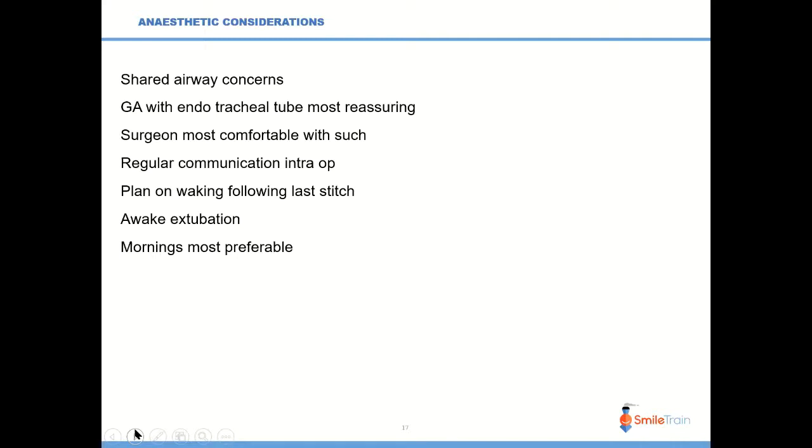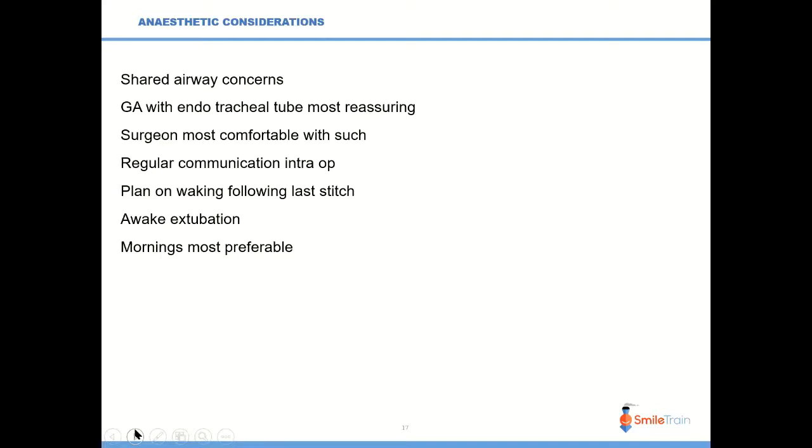So remember, we've had lectures on anesthesia, but it's worth remembering that it's a shared airway. GA with endotracheal tube is the most reassuring thing to do, and the surgeons are most comfortable with that. There must be regular communication, and the plan is that as you are throwing in the last stitch, the patient should be getting awake.